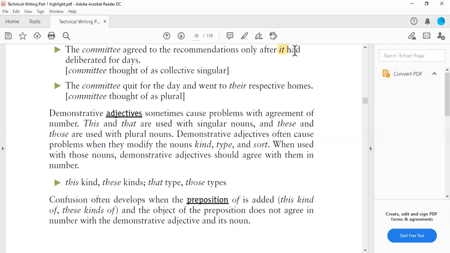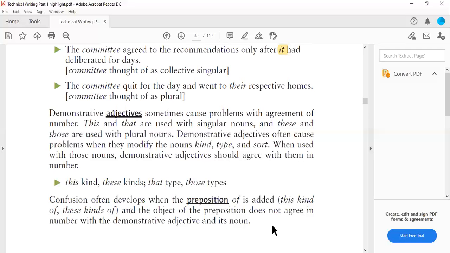Demonstrative adjectives sometimes cause problems with the agreement of number. This and that are used with singular nouns, and these and those are used with plural nouns. Demonstrative adjectives often cause problems when they modify the nouns kind, type, and sort. When used with these nouns, demonstrative adjectives should agree with them in number. This kind, these kinds. That type, those types. So again, you have to be very careful about this.